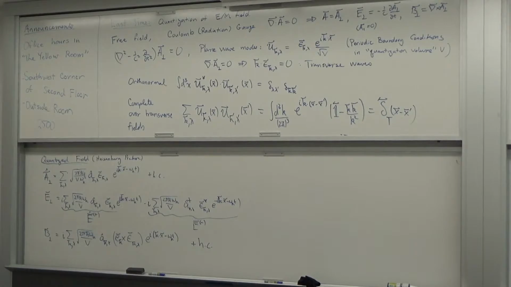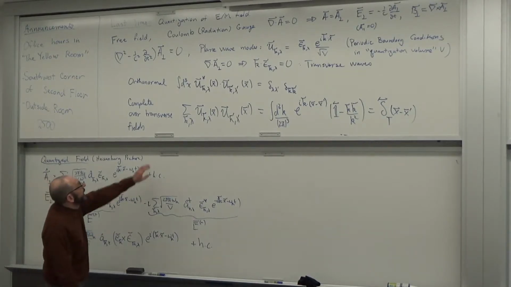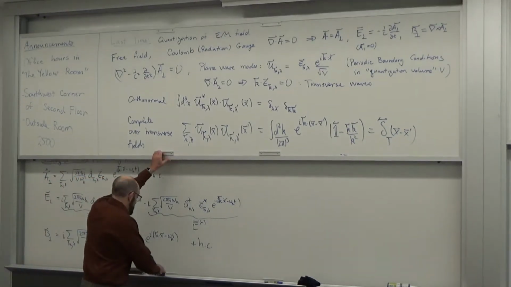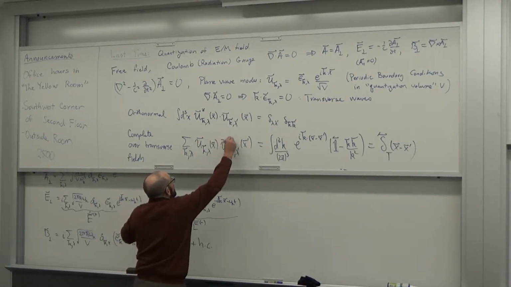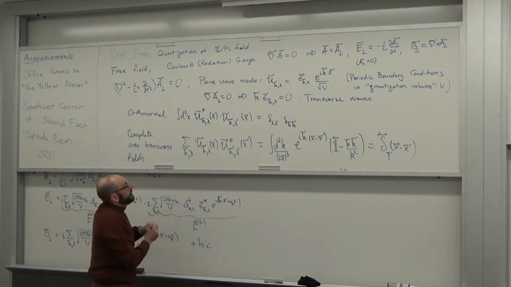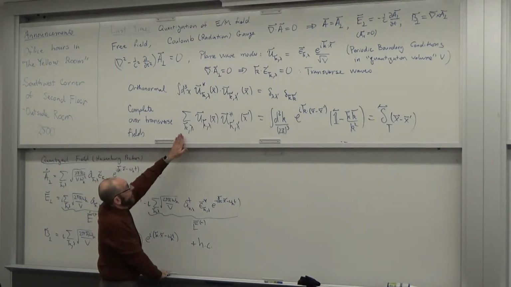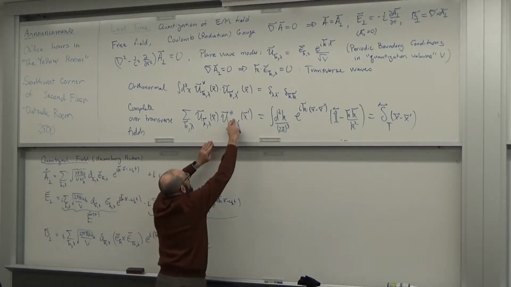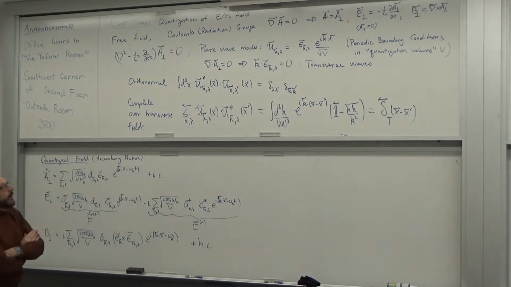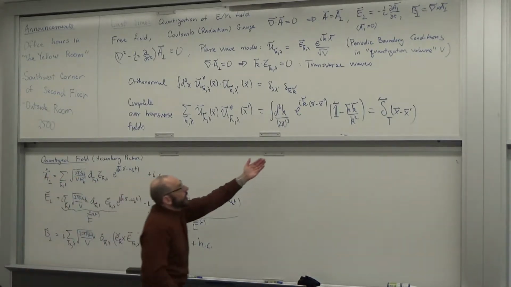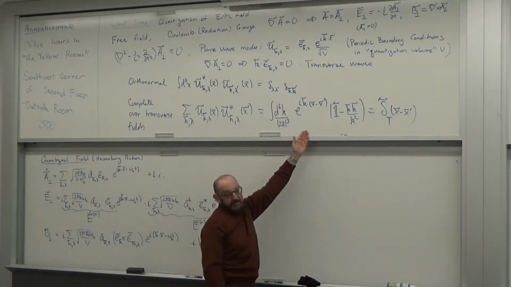And these are a set of orthonormal modes, and they are complete in the sense that if I sum over all the modes, I get this so-called transverse delta function.